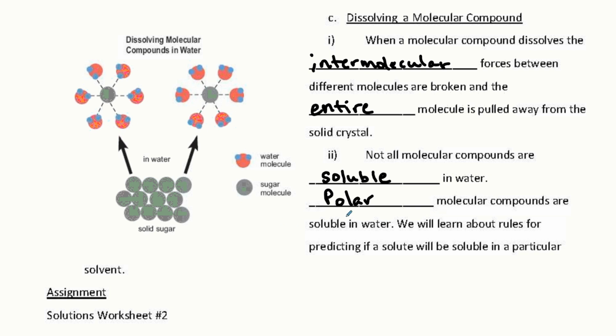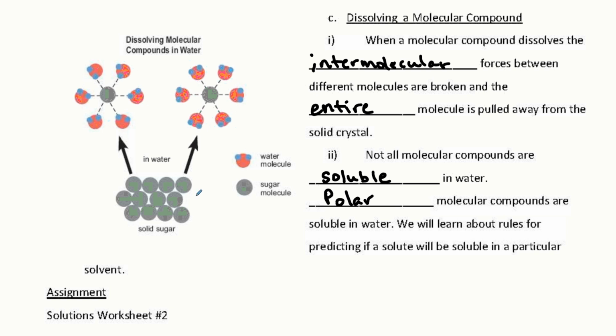Okay, so let's just look at this diagram and see what the difference is. And then we'll talk about why the polar ones are soluble and the non-polar ones aren't. So here's our sugar. Each one of these gray circles is a sugar molecule.